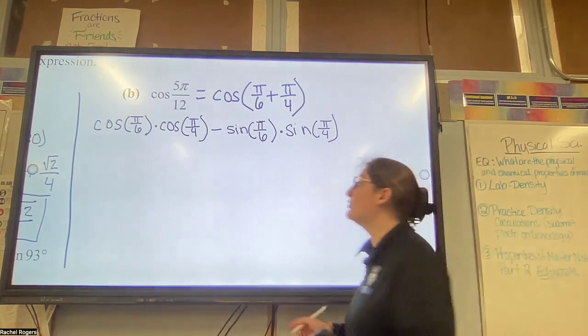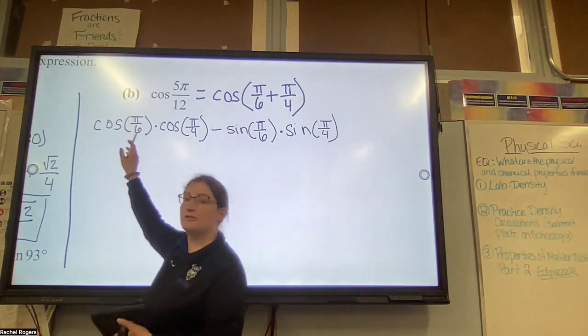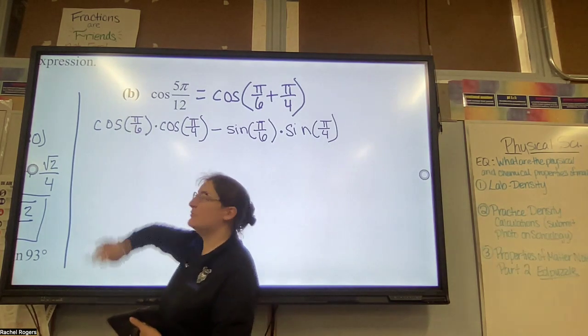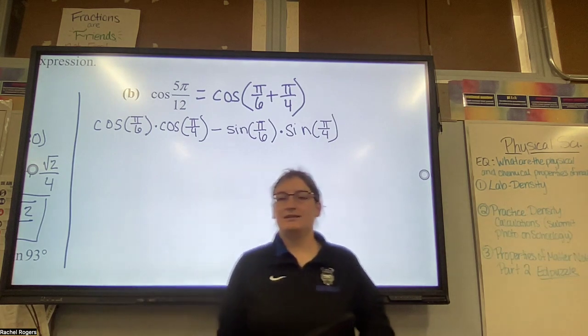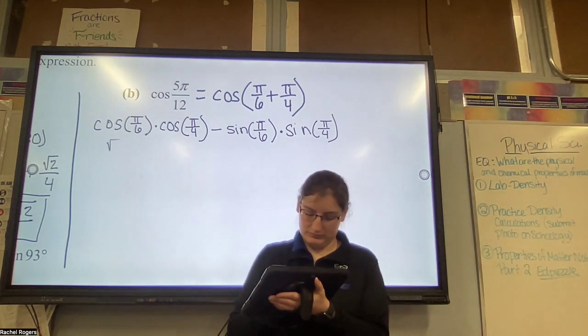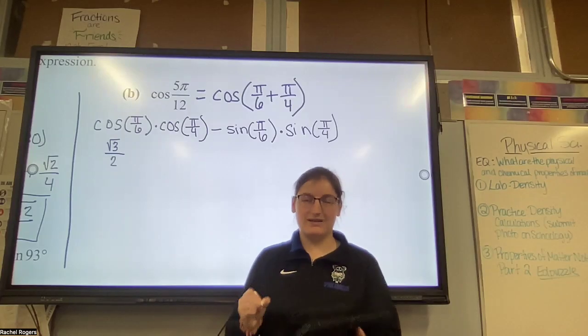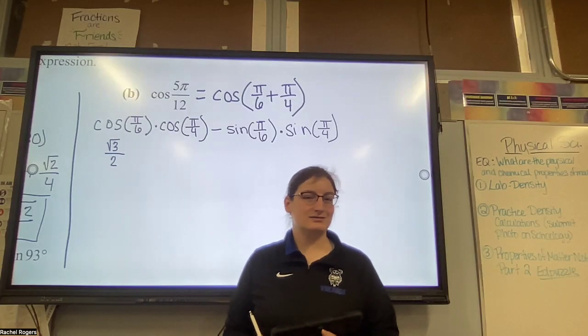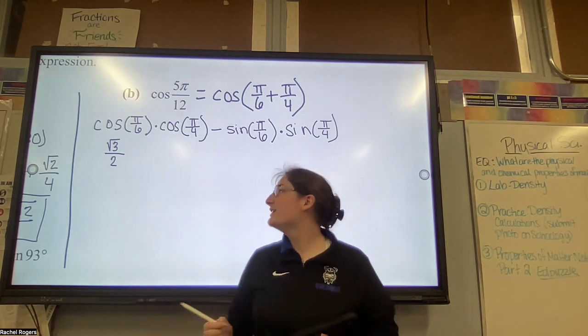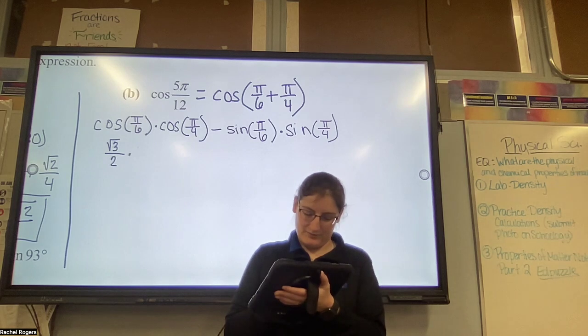Now we're actually finding the cosine of pi over 6 times the cosine of pi over 4. So what's the cosine of pi over 6? Root 3 over 2, because pi over 6 is 30 degrees. And then what's cosine of pi over 4? Root 2 over 2.